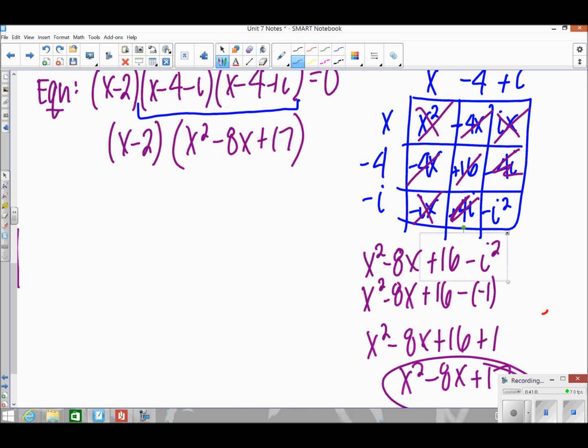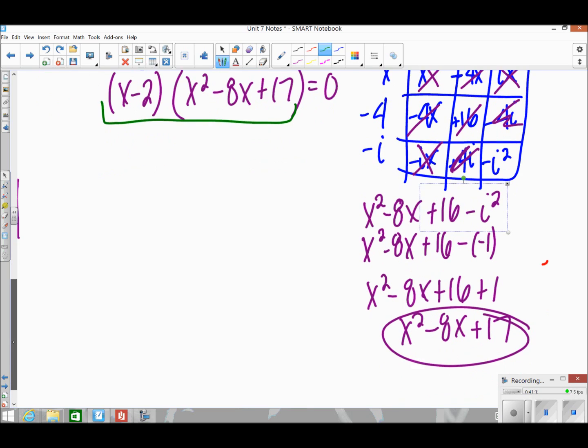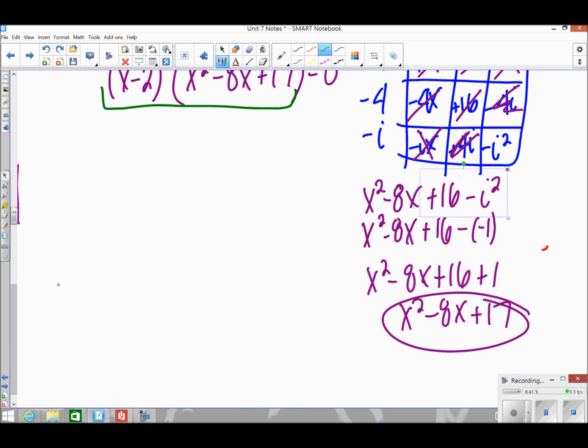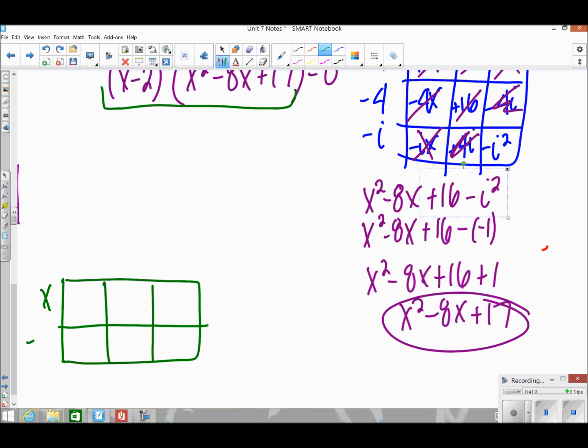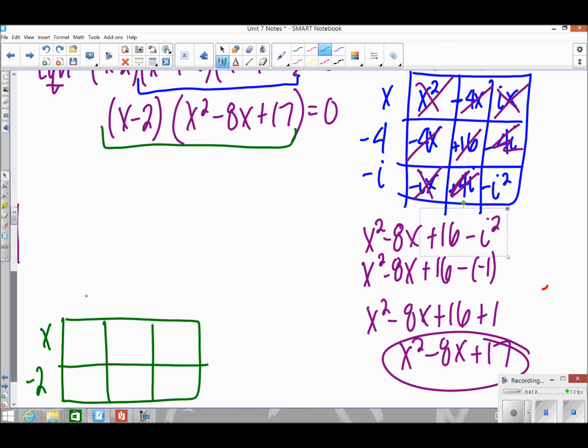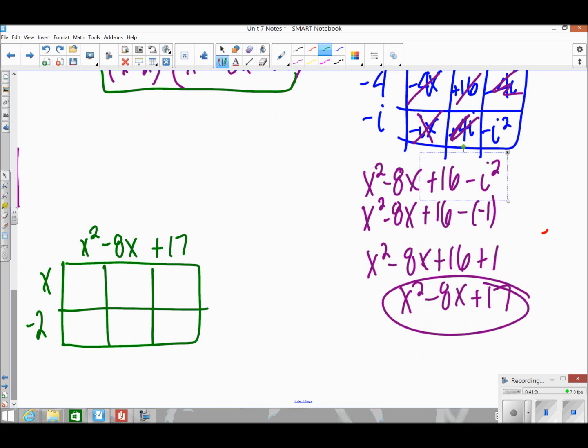the x minus 2 equals 0. This is still not in standard form. In order for it to be in standard form, these have to get multiplied. So you're going to be multiplying a 3 by 2. So we have x minus 2 times x squared minus 8x plus 17.